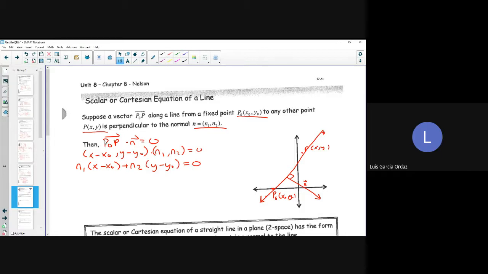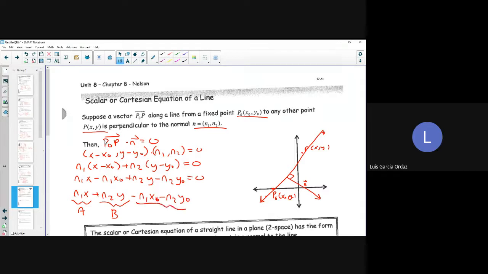So now when I expand it, I get n1x minus n1x0 plus n2y minus n2y0 is equal to 0. So I'm left with n1x, which gives me my a, plus n2y, which gives me my b, minus n1x0 minus n2y0.